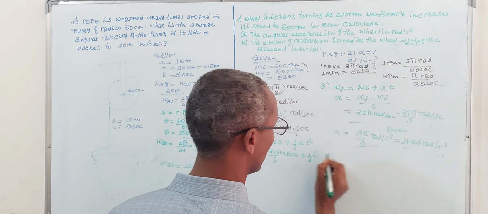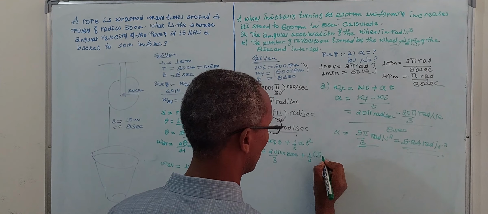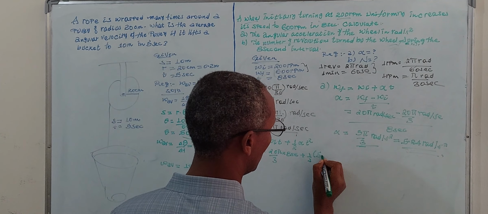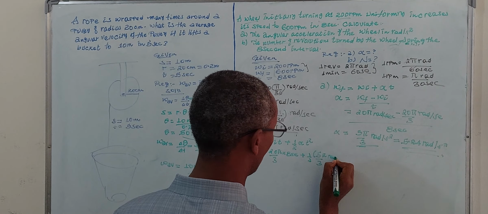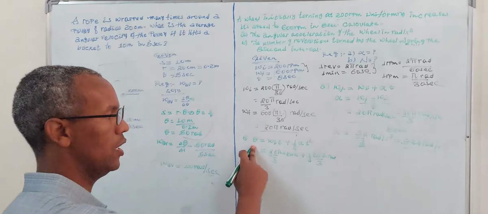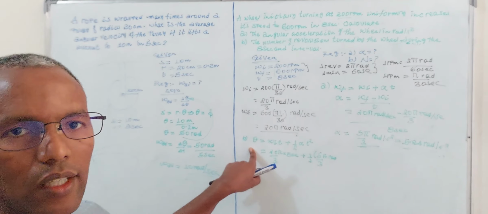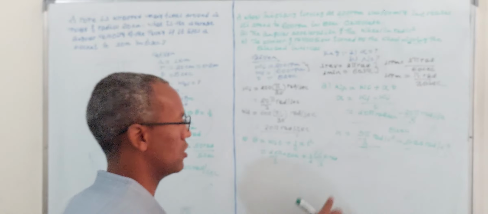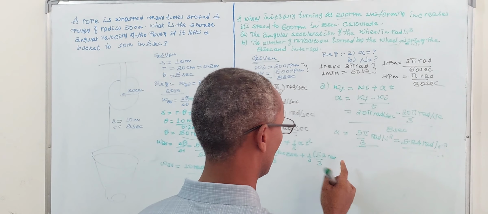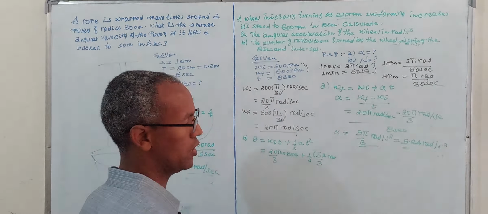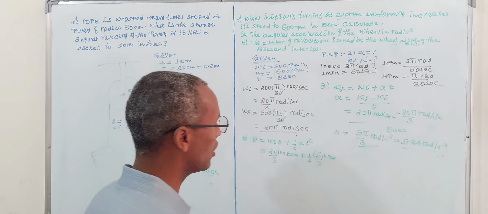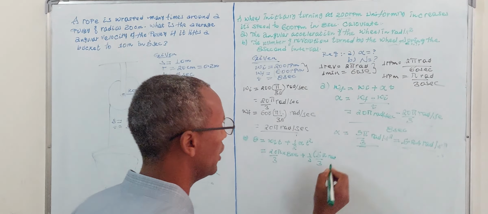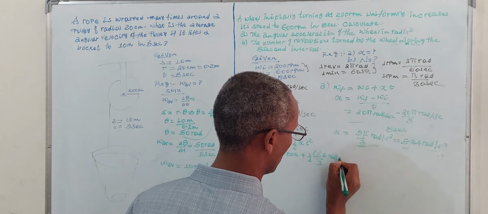So pi upon 3 rad per second squared. It doesn't matter, we are going to express this in radians, so we get rad per second squared, okay?